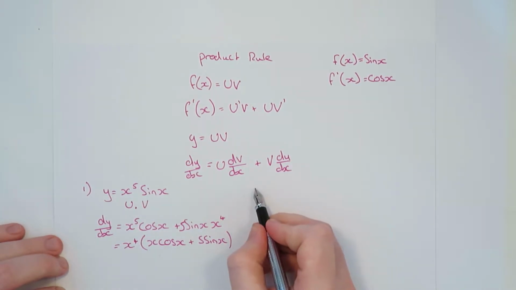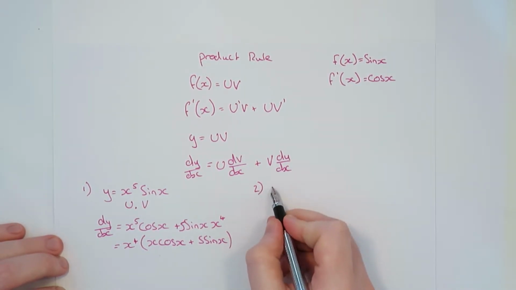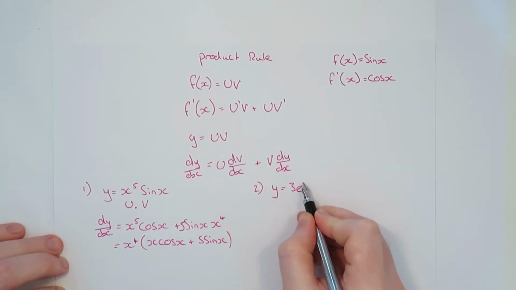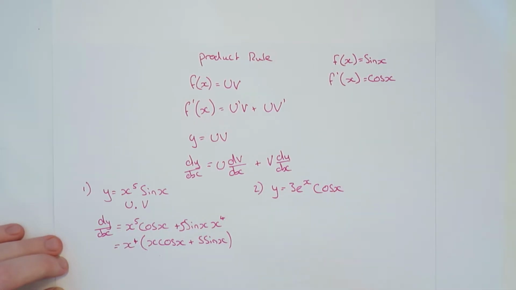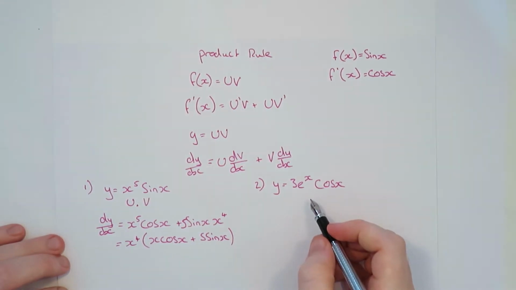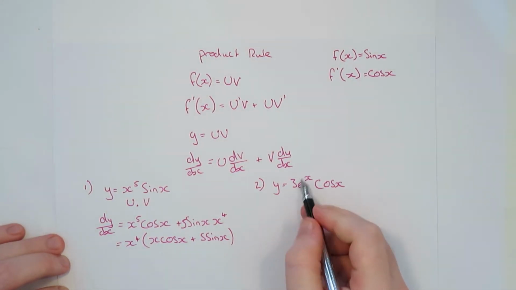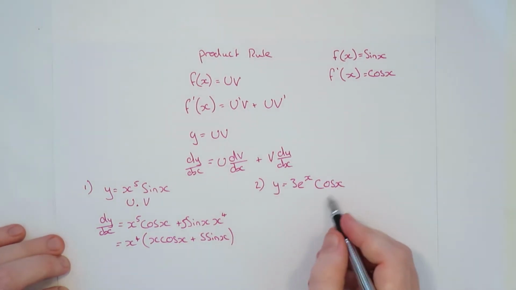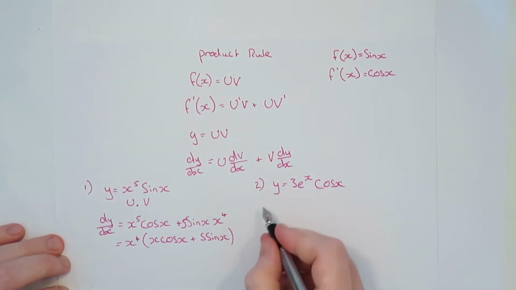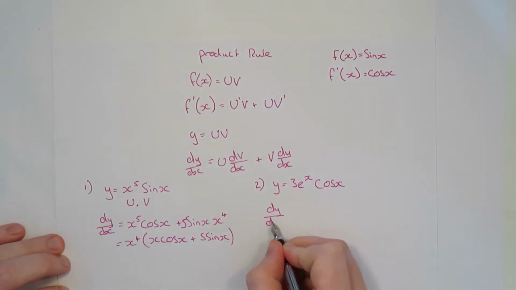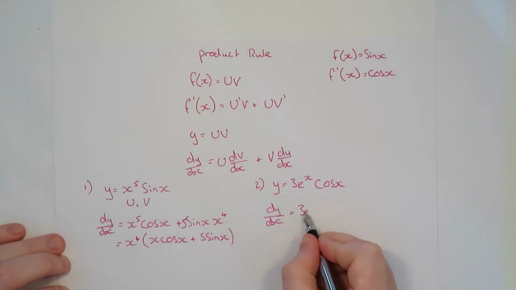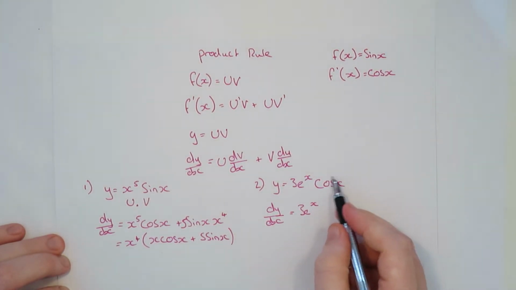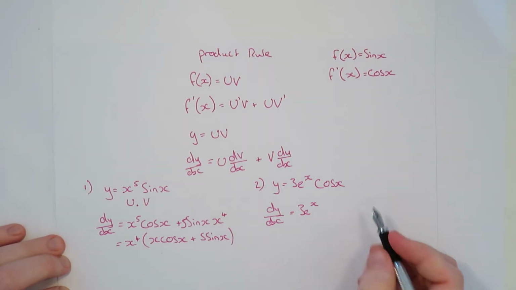Okay, next example, question 2. Let's say y is 3e to the x cosine x. So have a go, see if you can differentiate that. So I'm going to say here that the 3e to the x is u and cosine of x is v. So for the derivative, leave this part here the same, 3e to the x, and then differentiate cosine of x.